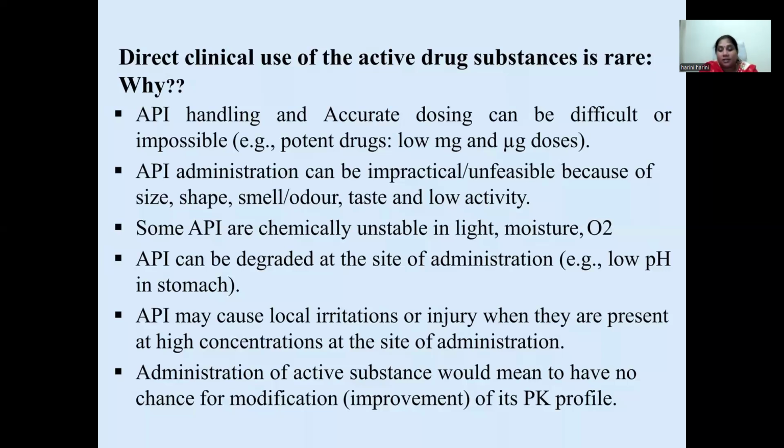Some of the drugs, before reaching the site of absorption, because of the varying pHs in our body, will get degraded. For example, the stomach has an acidic pH, and some drugs will be degraded by the acidic pH of the stomach. So we have to formulate them as enteric coated tablets. In enteric coated tablets, we bind the drugs along with enteric coating polymers, so that the drug will not be released in the stomach.